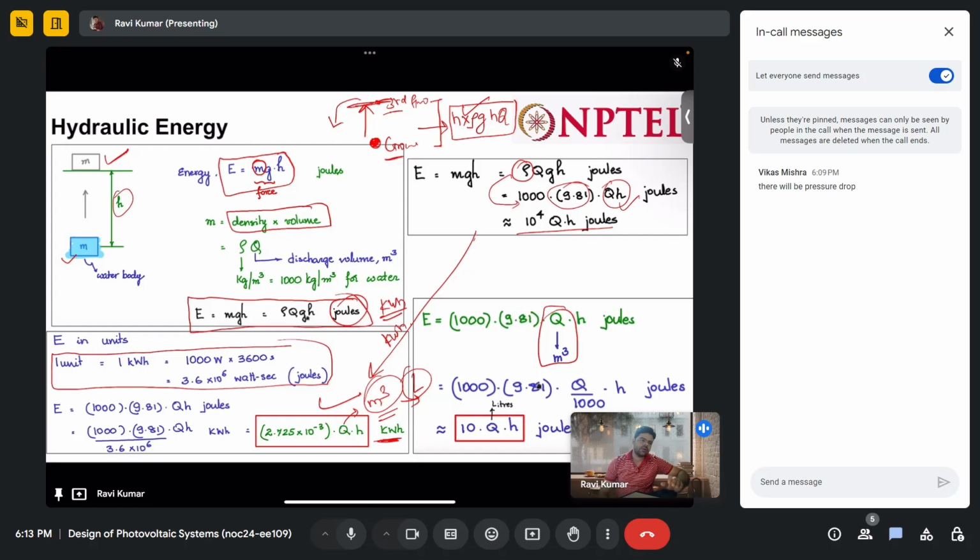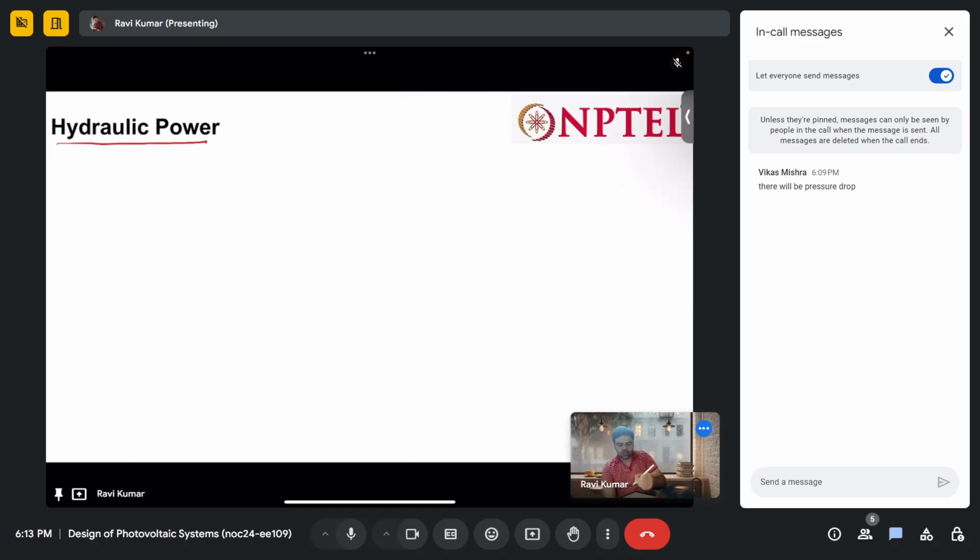So it is all about the hydraulic energy. Now let us talk about the hydraulic power. What is the relation between power and energy? We can say energy per unit time is power.